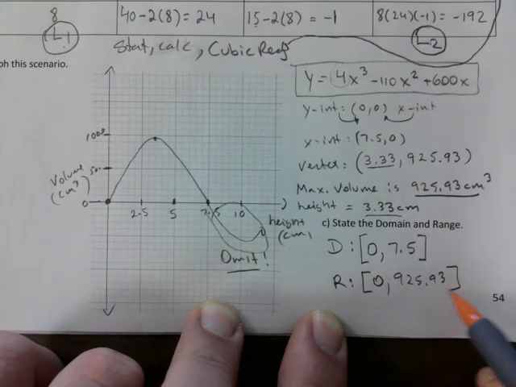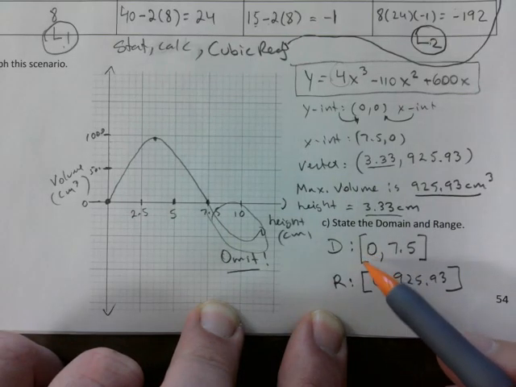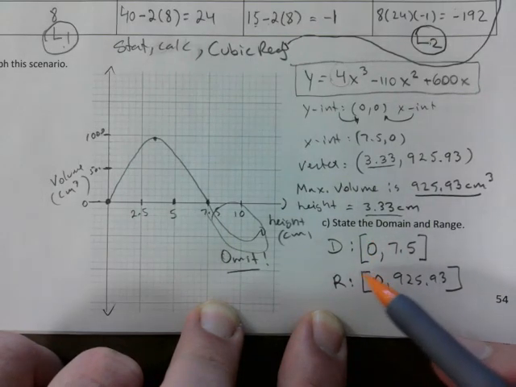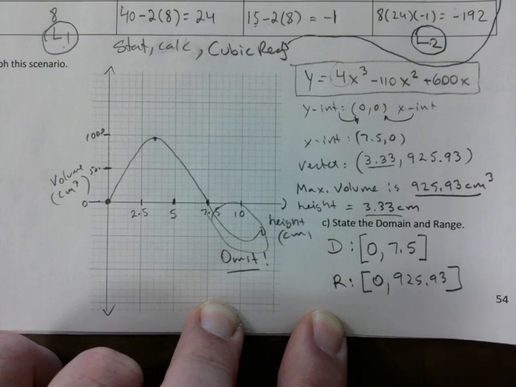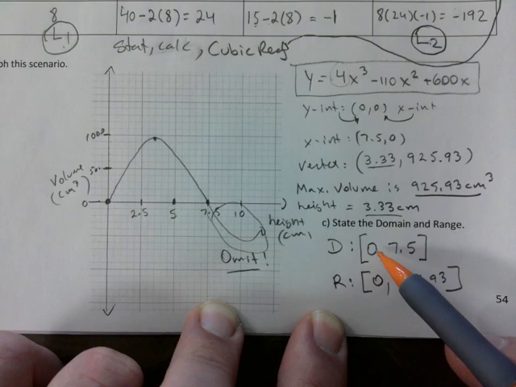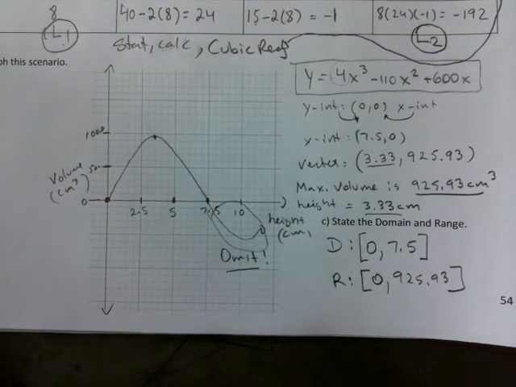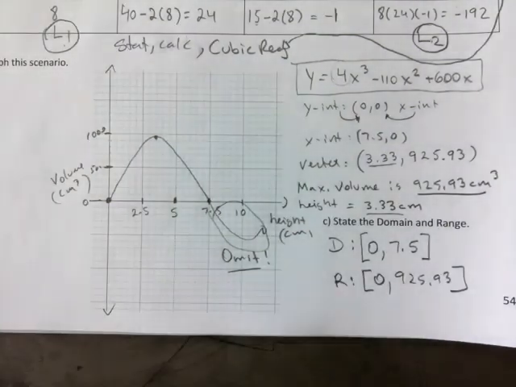That's the highest volume we can have. What I'm not sure about is if this should be round brackets or square brackets, because technically, if you had a 0 height, you would no longer have a box. I will check with Miss Yosik and see what she says.